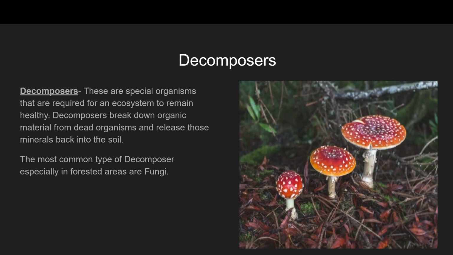So, if we didn't have decomposers, there would be a lot of dead trees, dead animals, animal waste, just all kinds of gross, smelly things laying around all over the place. And there would be no way to get rid of them short of just collecting them all and burning them or some other drastic measure.